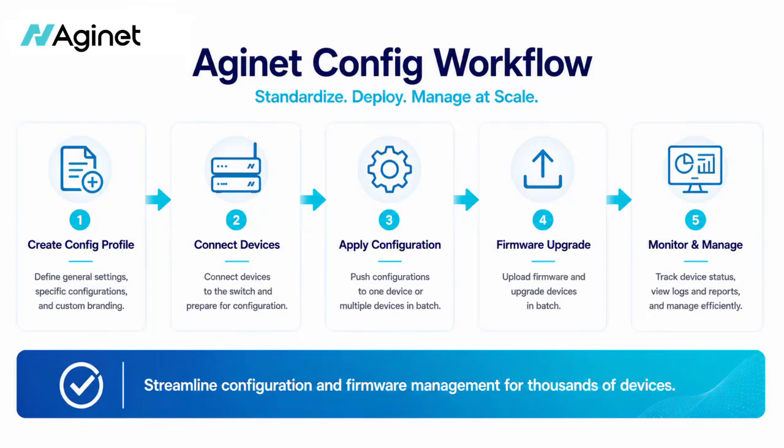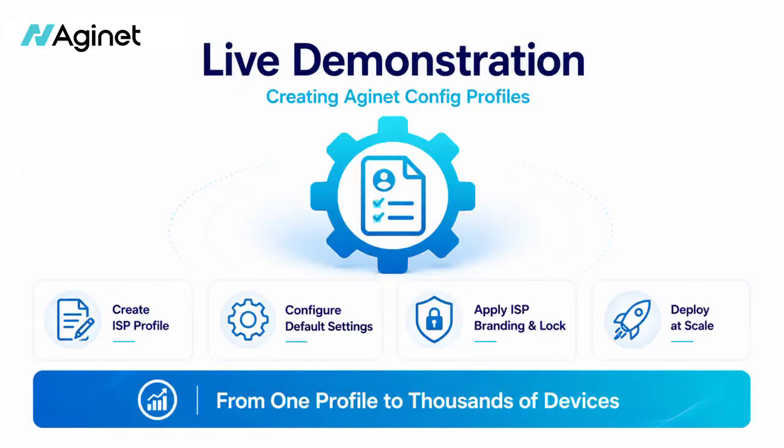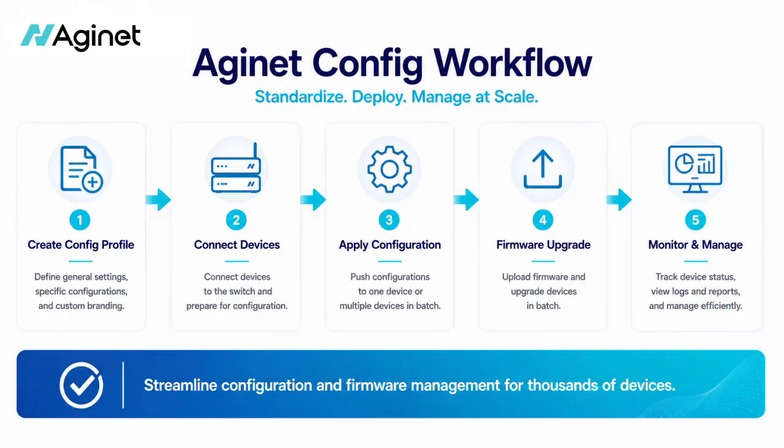Okay, so let's just quickly go through this again. Once the ACS is operational, the next step is standardization. We've gone through that. Aginet Config allows ISPs to create reusable configuration profiles and apply them across multiple devices at the same time.